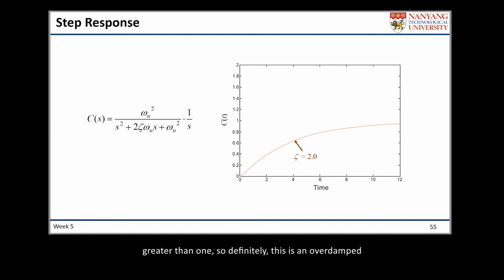So definitely this is an overdamped second order system. Using the expression of the step response in time domain that we derived in the previous slide, I can plot it with any arbitrary omega n value, and I use zeta equal to 2, and after I plot it, the response looks like this. So this is a typical response of an overdamped system.